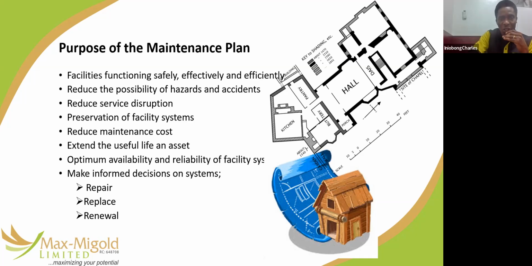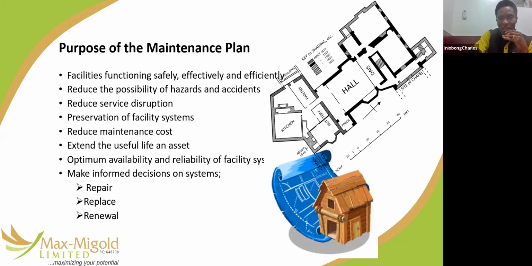Now, facilities functioning safely. With a good maintenance plan, facilities will be functioning safely, effectively, and efficiently. What that is saying is not just about doing the maintenance, but that you are maintaining, and the people using those facilities are not complaining. You are not turning off the light. You are not cutting power when people are still working on their system.